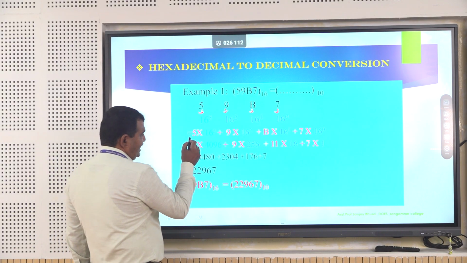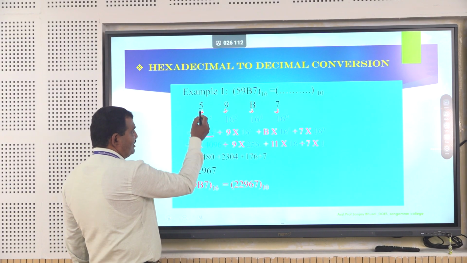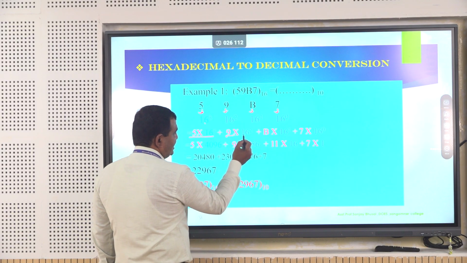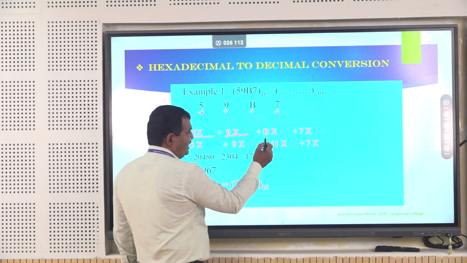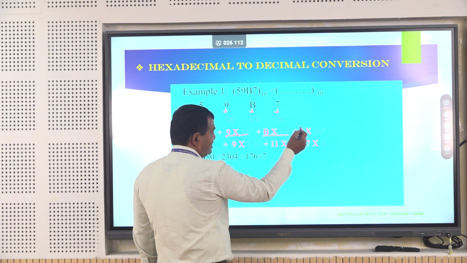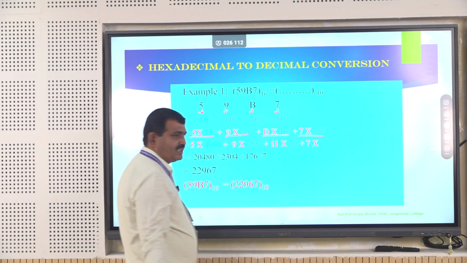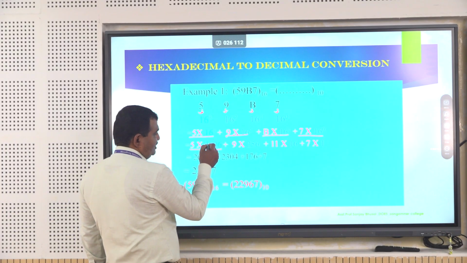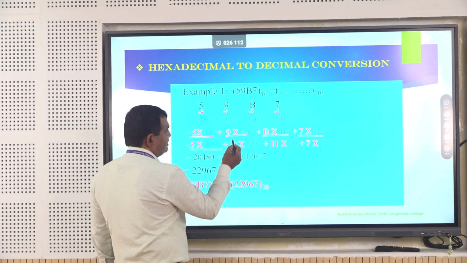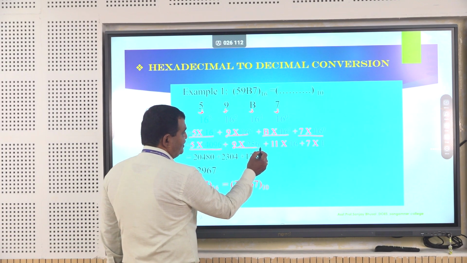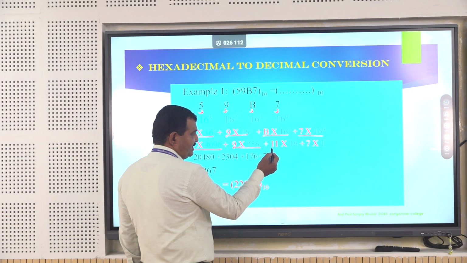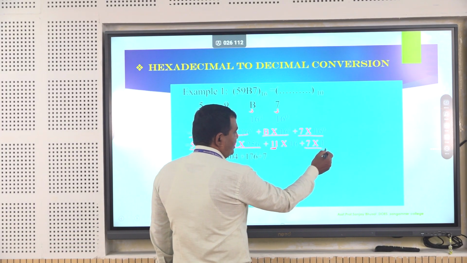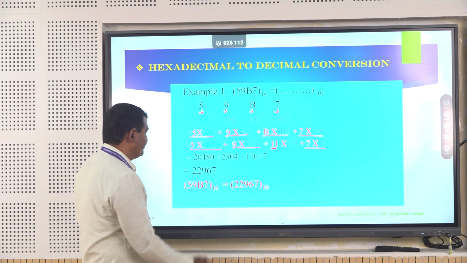From this we write the weight of sum equation as 5 into 16 raised to 3 plus 9 into 16 raised to 2 plus B into 16 raised to 1 plus 7 into 16 raised to 0. So, 5 into 4096 plus 9 into 256, and this B is equivalent to 11, into 16, plus 7 into 1.